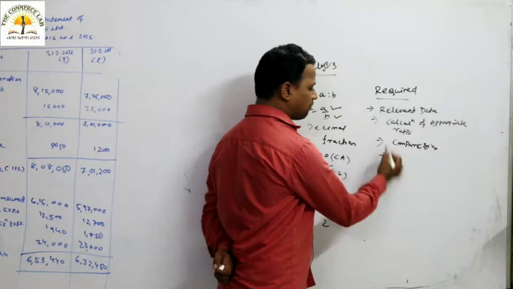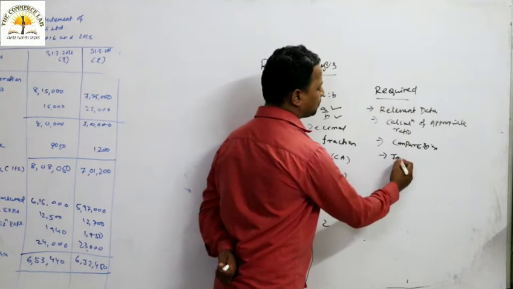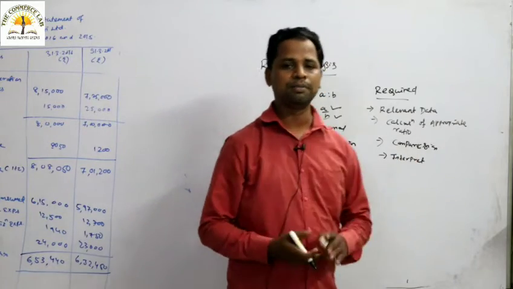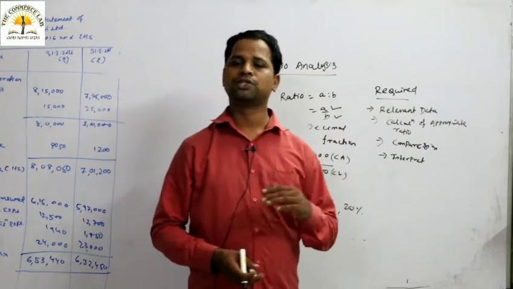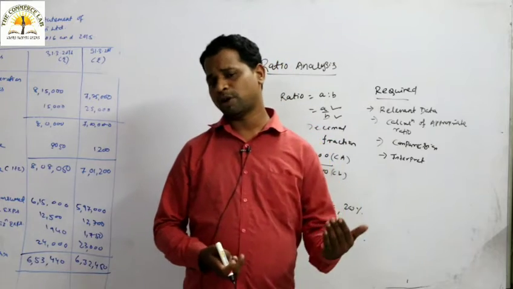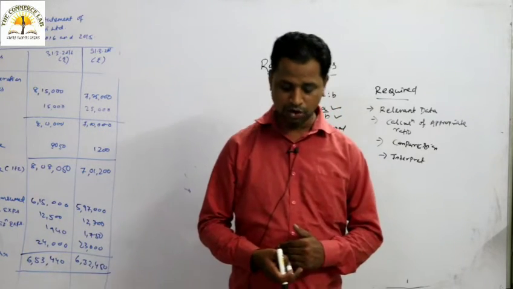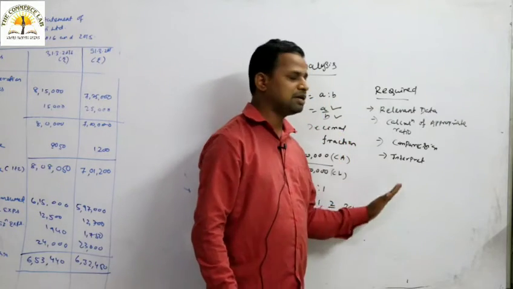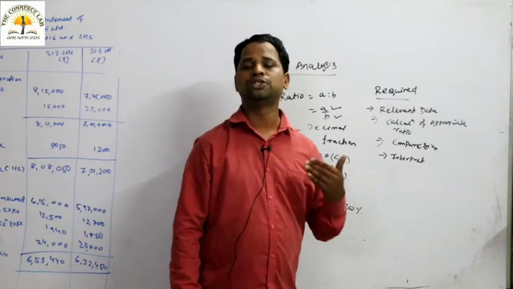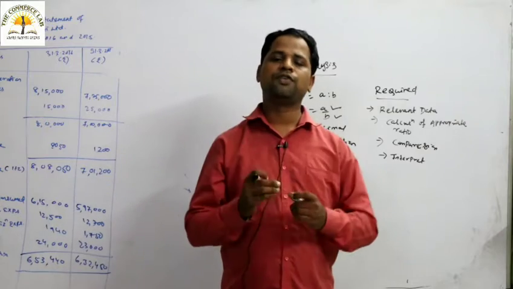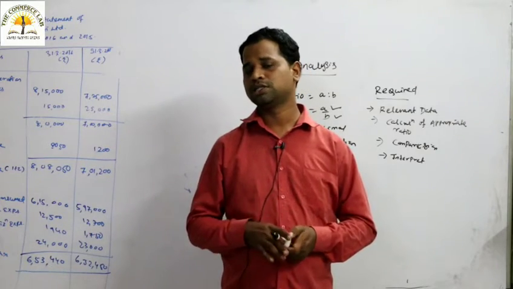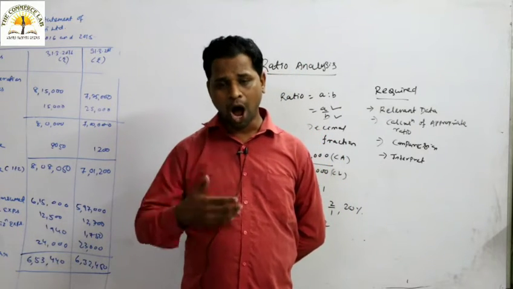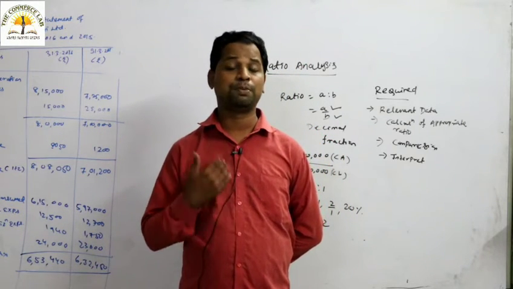Thereafter, after comparison, you have to interpret and comment on whether the position of the company is good or bad, whether financially this particular company is sound or not sound. If you are not interpreting the ratios, there is no such ratio analysis. So the main significant part under the ratio analysis is not only calculating the different kinds of ratios, but how you interpret them.